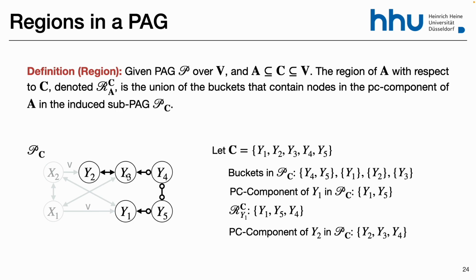So y2, y3, and y4 are the variables in the PC component of y2. And the region of y2 in the set C is going to be the union of the buckets of everyone here. So the union of the bucket of y2, which is just y2, the bucket of y3, which is just y3, and the bucket of y4, which is y4 and y5. Okay? So now you know regions.